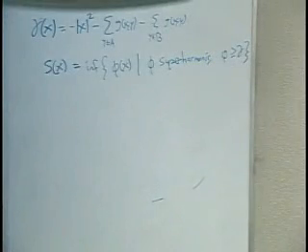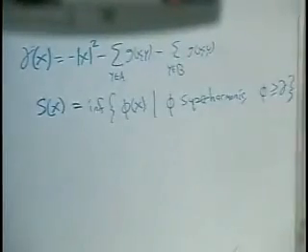So u plus gamma is a superharmonic function, and it's bigger than gamma, and so it has to be bigger than S.